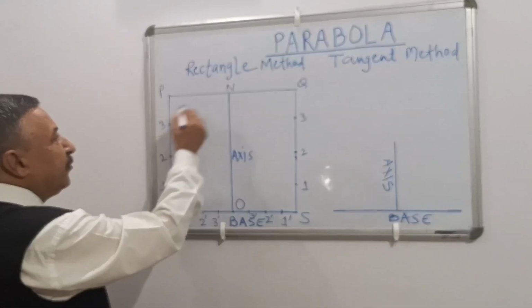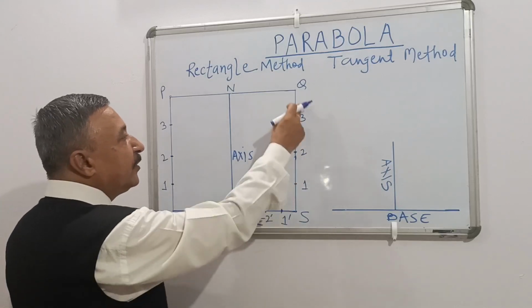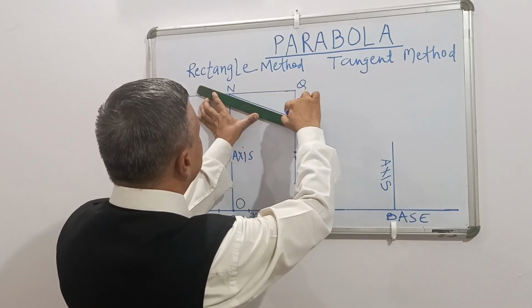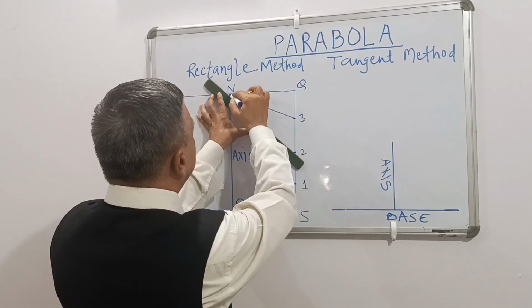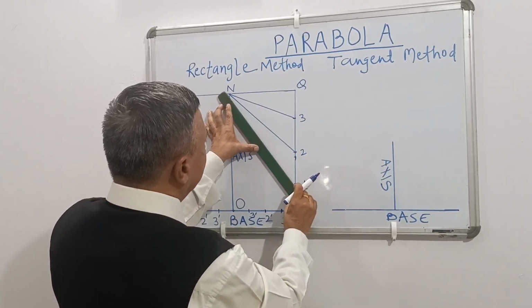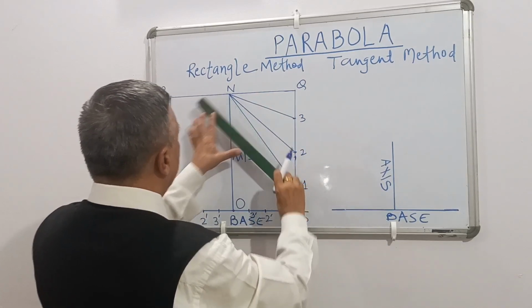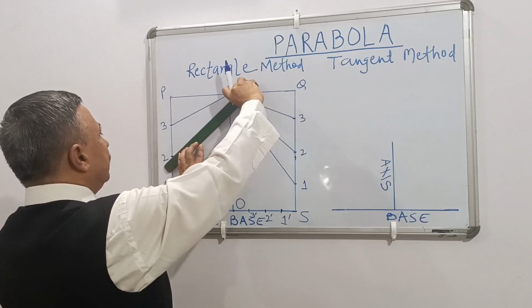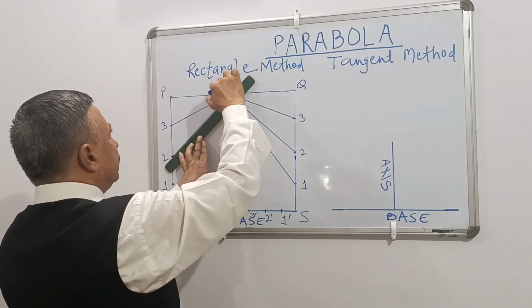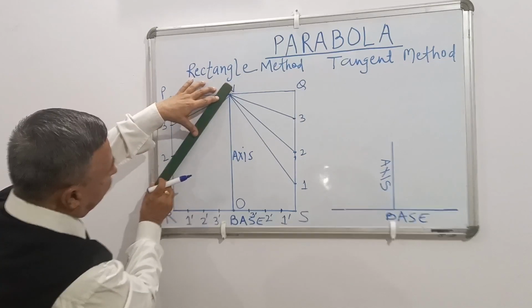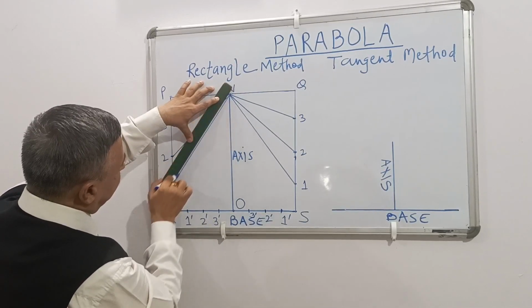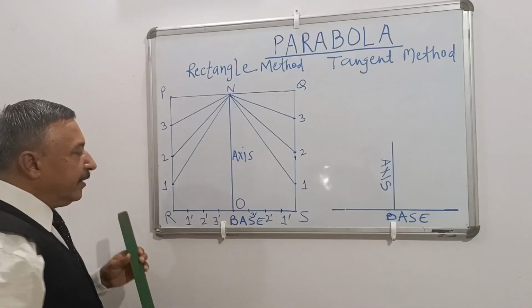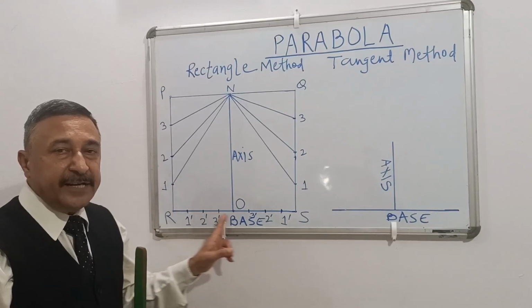Now join 1, 2, 3 to point M, like this. So we join points 1, 2, 3 to N. Now draw perpendicular lines on 1 dash, 2 dash, 3 dash.